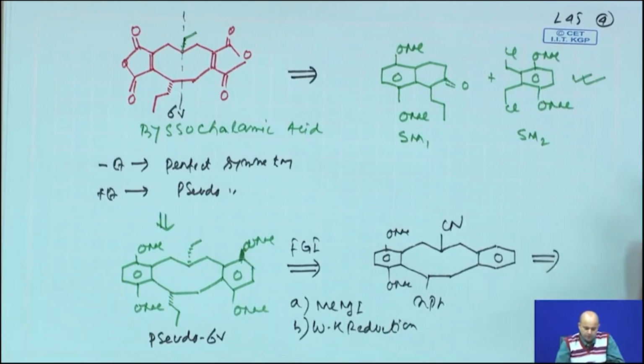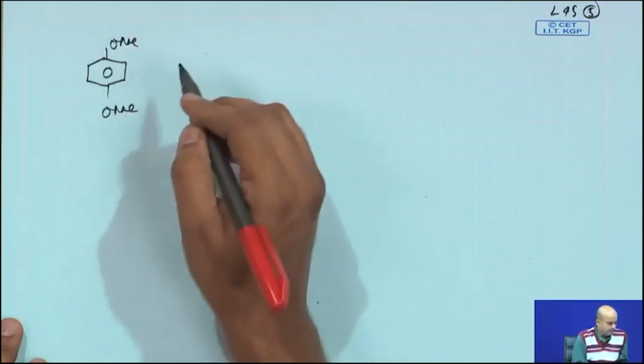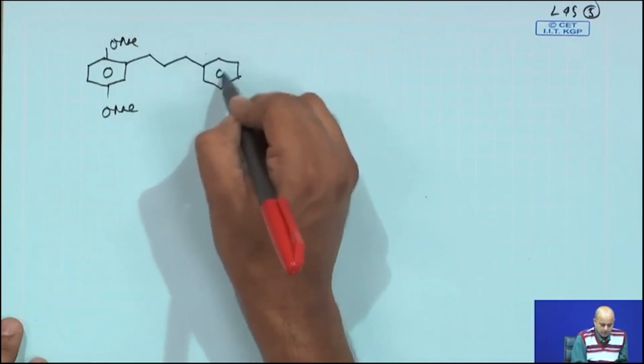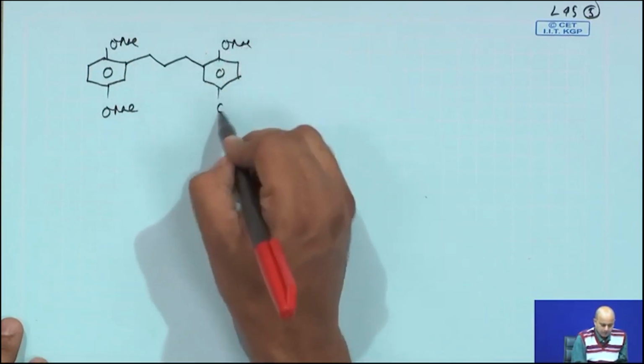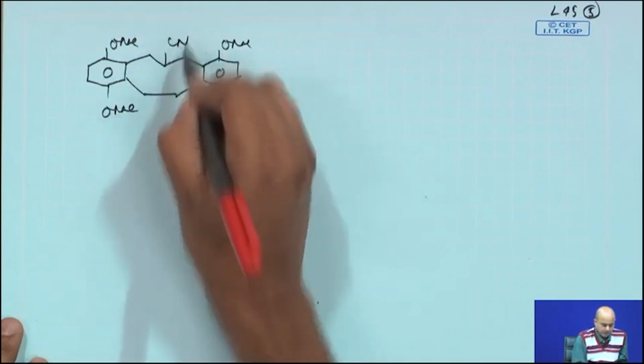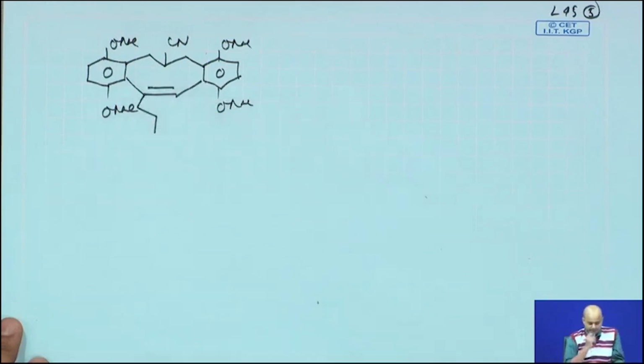So, now the next retro which I am proposing is a bit different. All the other parts will remain similar. The two aromatic rings are similar, and then we are saying that this CN is there, and let us formulate this as a ring.